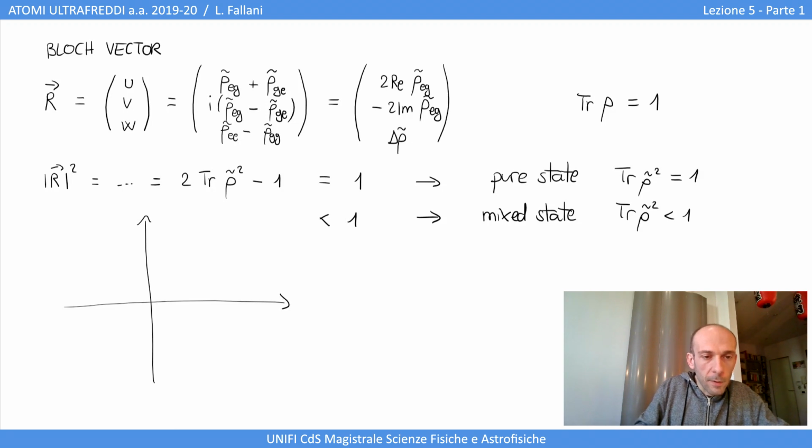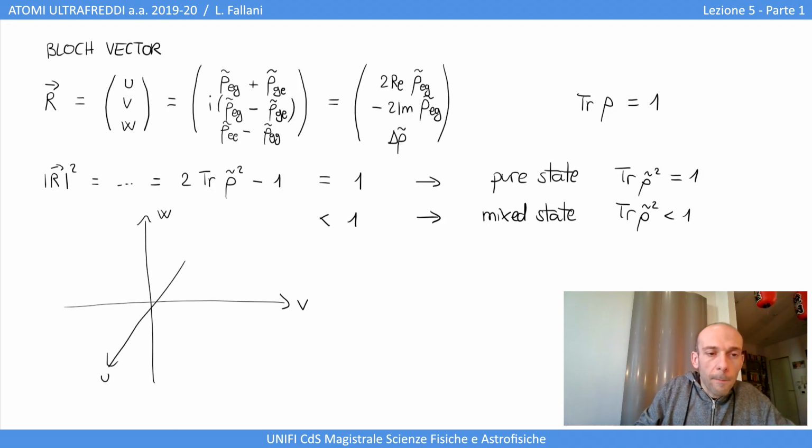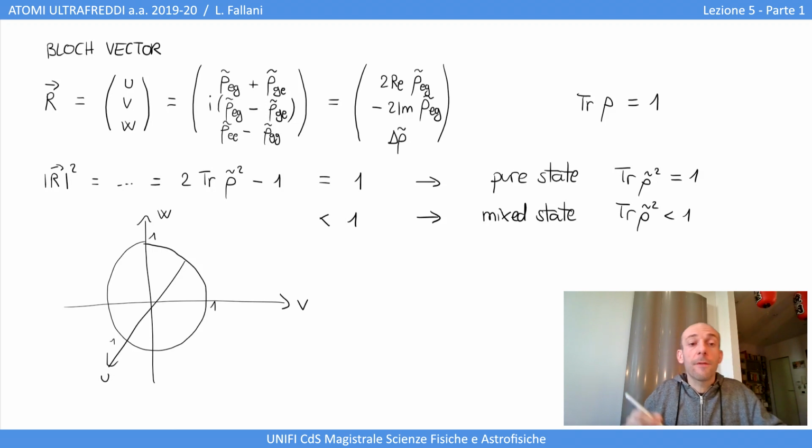Forgive me for the drawing. The Bloch sphere is a sphere in which you have U and V plotted on the horizontal plane, and W instead plotted along the vertical line. And so the Bloch sphere is a sphere of radius 1 that is located at the origin of this reference frame.